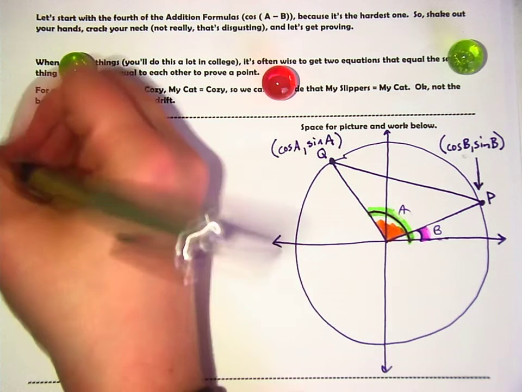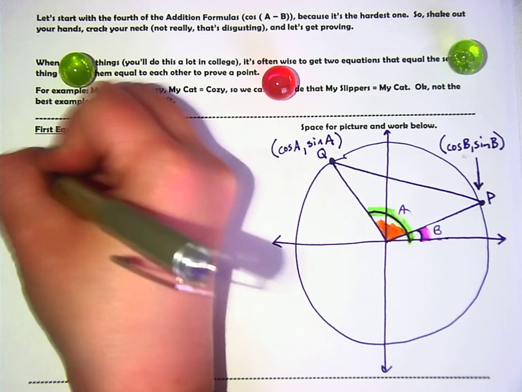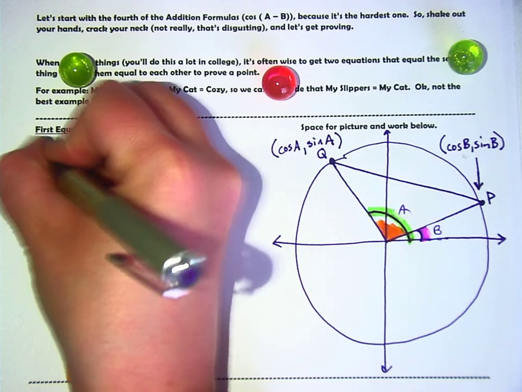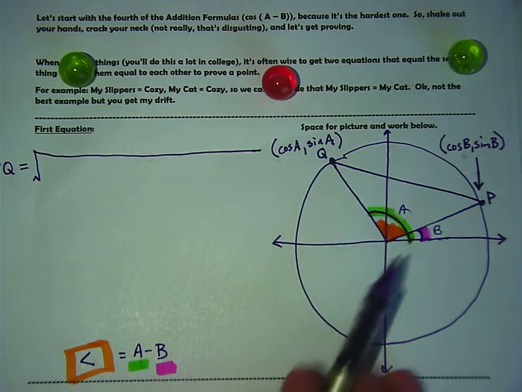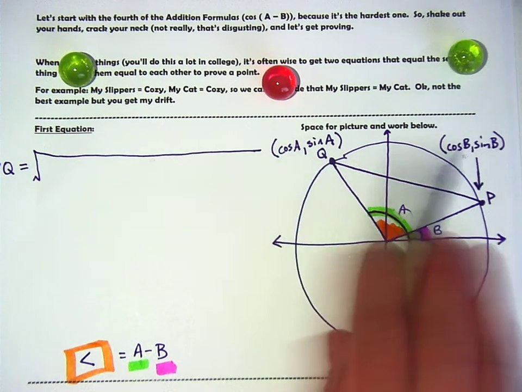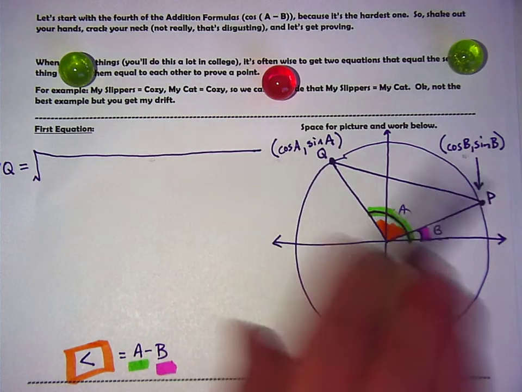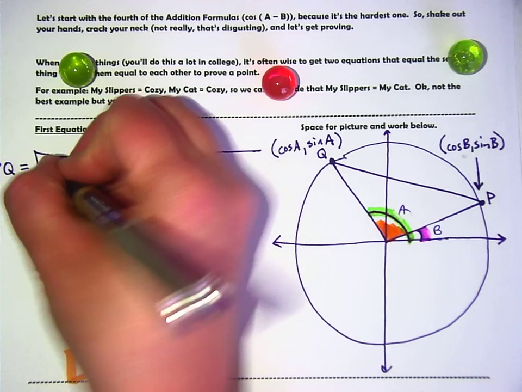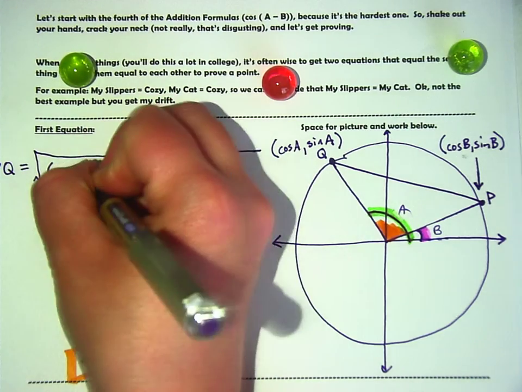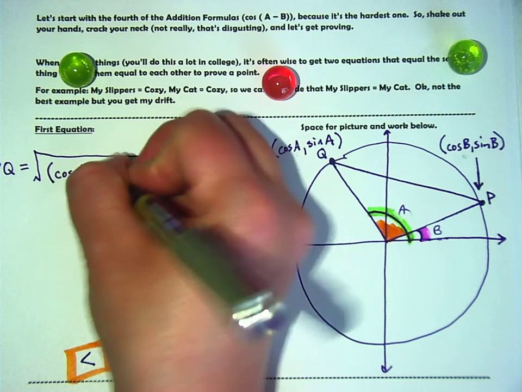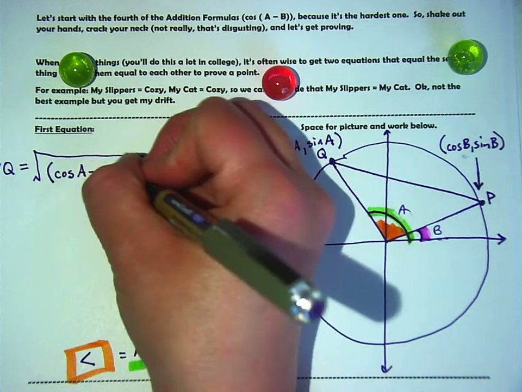So the distance of PQ is the square root of, it looks like I need to take the cosines and subtract them and the sines and subtract them and then square them. All I'm doing right now is using the distance formula.